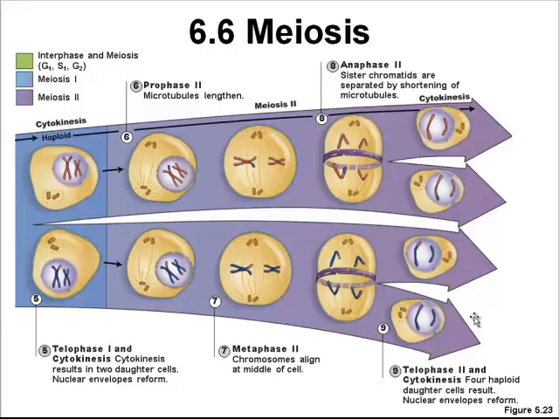Those are polar bodies. The reason for that is that eggs are big and take a lot of energy and materials, and so all of that has to be devoted to just 1 egg. You can't afford to make 4 eggs during this process. But sperm are much smaller, don't require as many parts, and so 4 sperm result from meiosis.